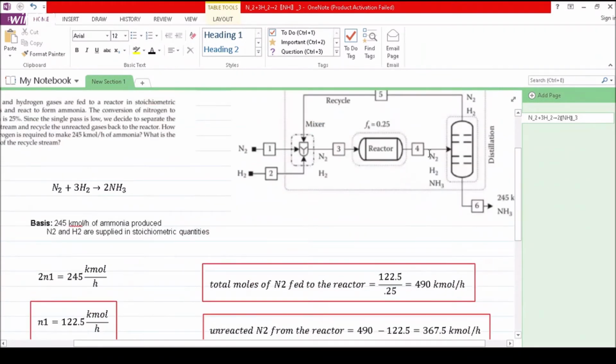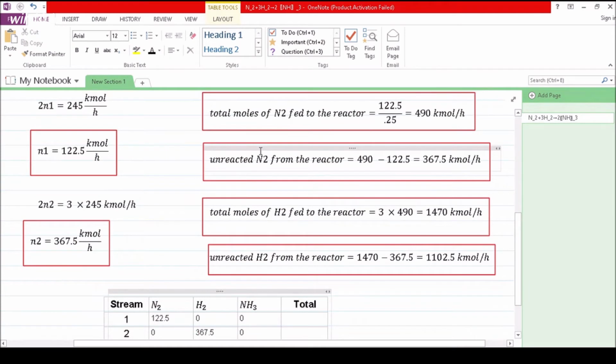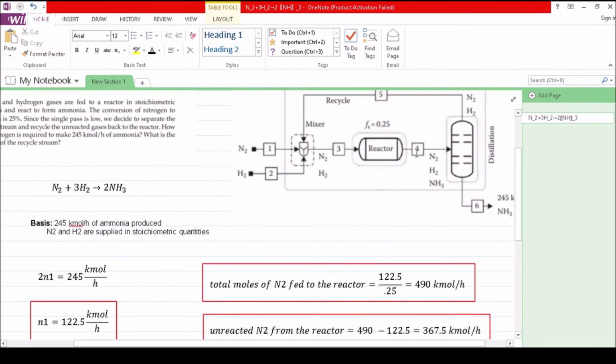For our stream 4, which is the stream from our reactor, we add our values here, which are the unreacted moles of nitrogen and hydrogen. Also take note that this stream already contains our ammonia, and it is given to be 245 kilomoles.